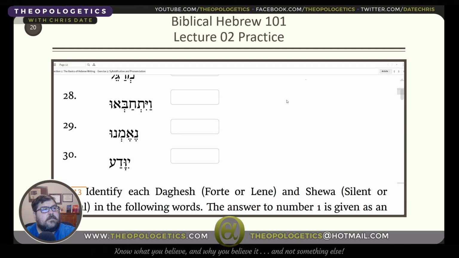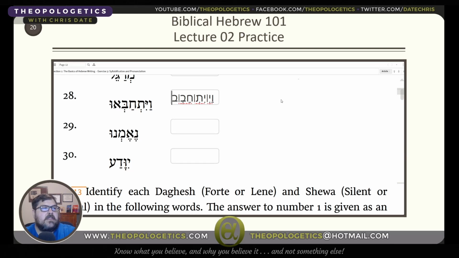Vayitchabu, I think is how you pronounce that. Let's put it together and see if I'm right. Vai yit chab ba'u. So this aleph isn't quiescent because it's not followed by a syllable-closing consonant like we saw earlier.